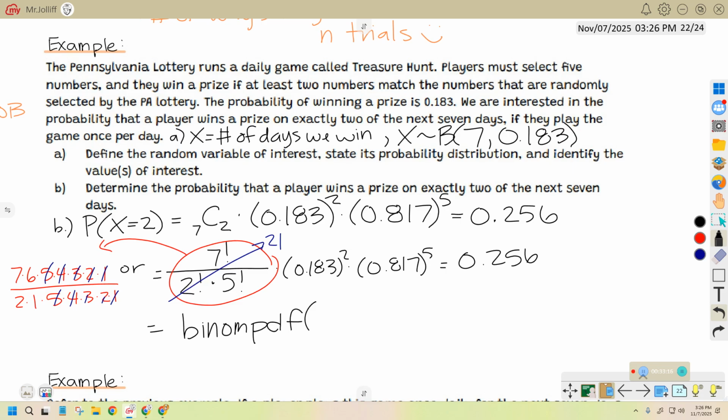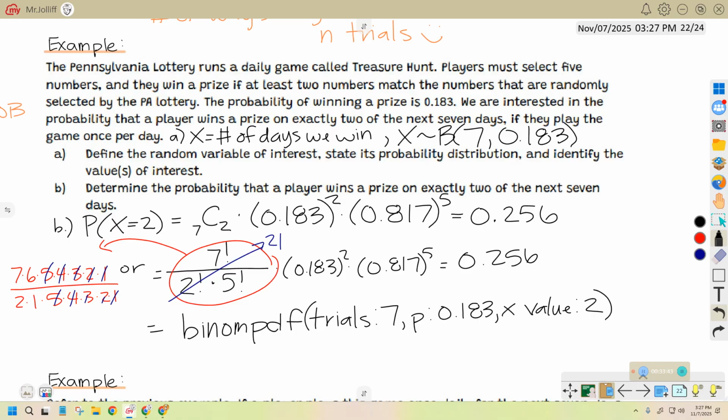If you press enter to open up option A, Binomial PDF, you should see it asks for 3 things. It asks for the number of trials. How many trials are we doing? 7, perfect. It asks for the probability of success, 0.183. It asks for the X value, which for us is what? 2. We want 2 successes.